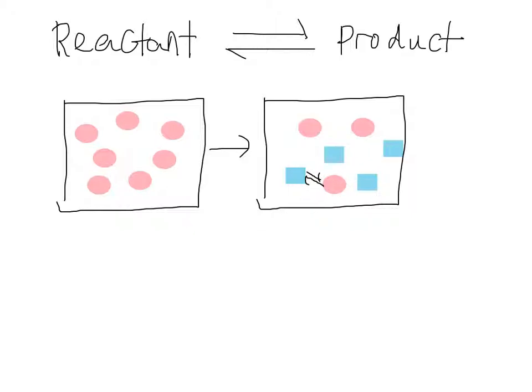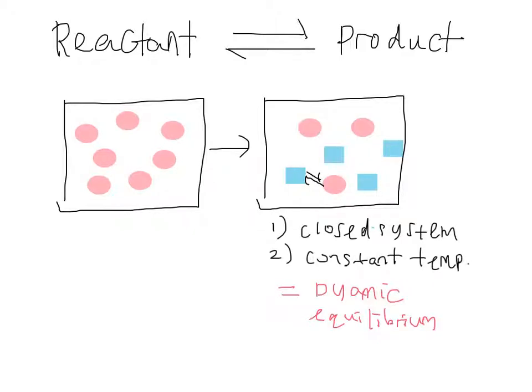The reaction will continue and it will come to a stage where the balance between the products and reactants will become constant. At this stage, we call this dynamic equilibrium. That means this reaction has reached an equilibrium state. But why is it the word dynamic?